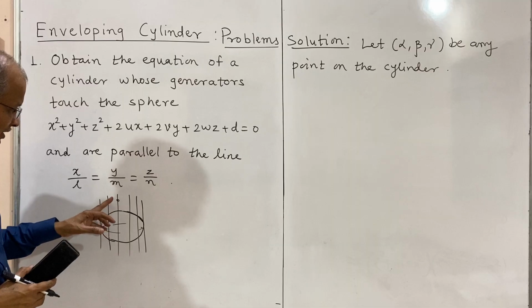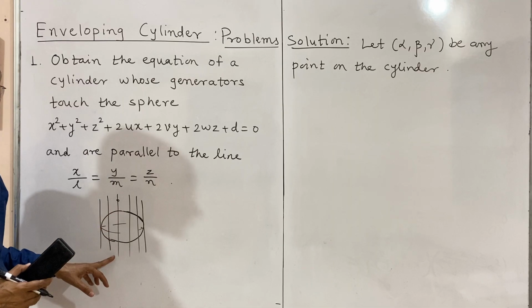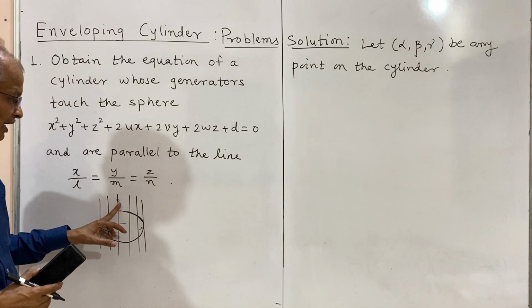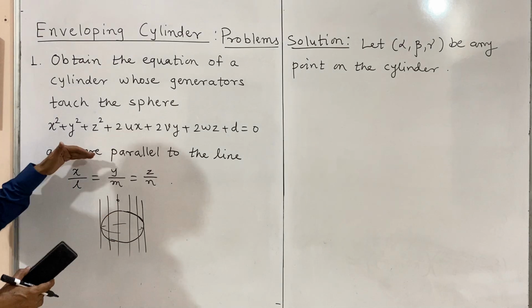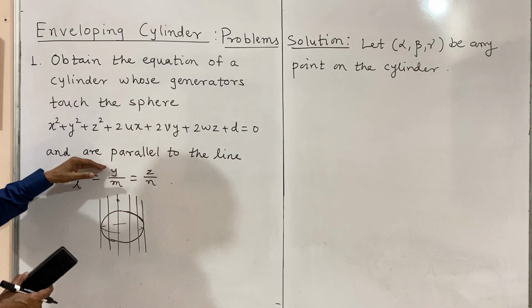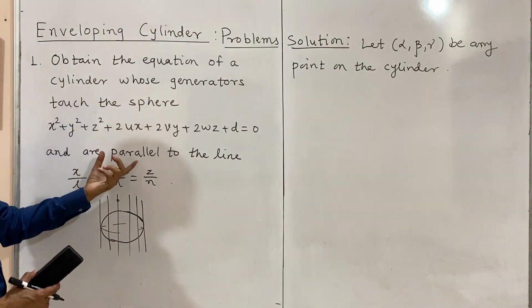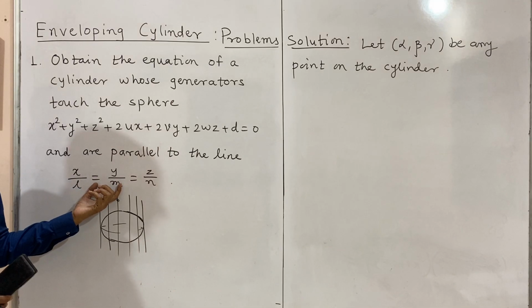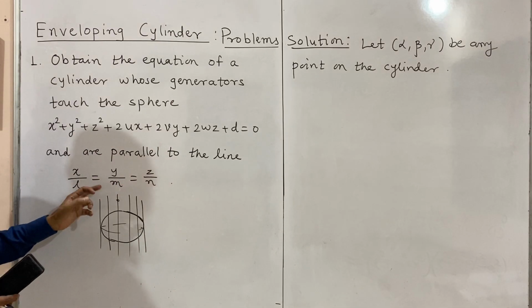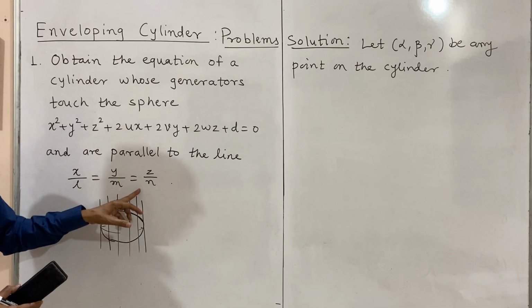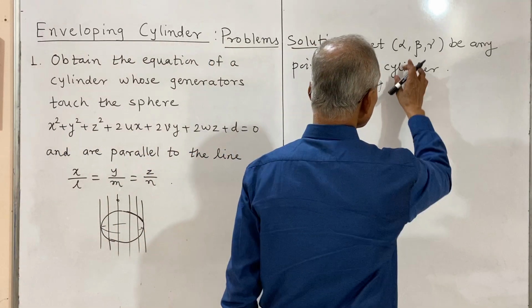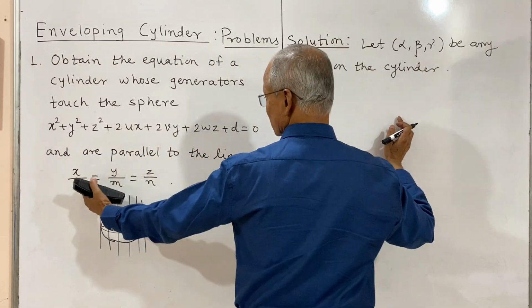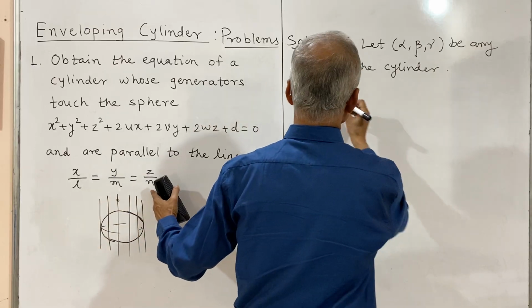What we shall do is write the equation of the generator passing through this point alpha, beta, gamma. But we will have to use one more condition, that the generators are parallel to this line, and therefore the direction ratios of the generators are L, M, N. Thus the generator passes through alpha, beta, gamma and has the direction ratios L, M, N.